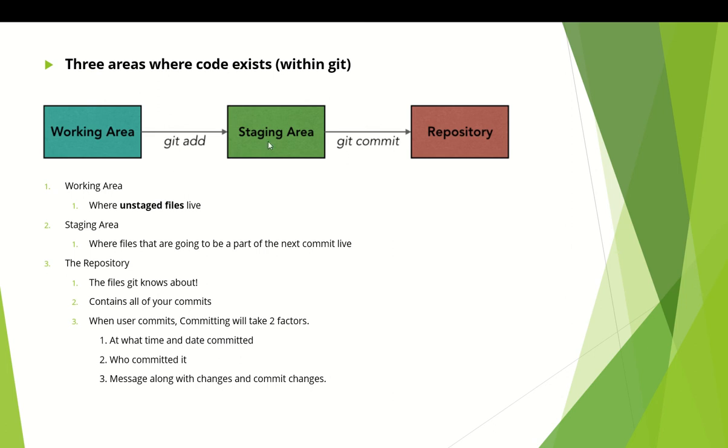We are also looking at three stages: working area, staging area, and repository. This is the local repository when you install Git on your desktop or laptop. The first step is the working area, where you work on code, and when you run the command git add file name, it will be at the staging area, and when you commit it, it will be saved in your local repository.